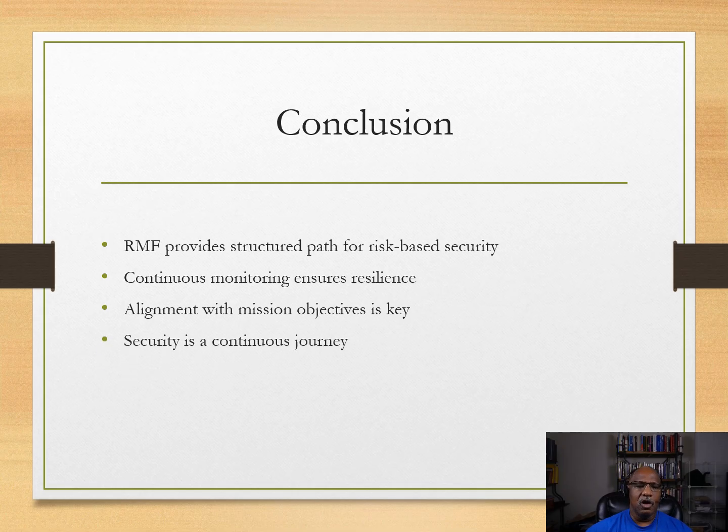There's also that security is a continuous journey, and that's why you hear the term continuous, because in order for you to maintain the proper level of security, you have to do this on a continuous basis. So it's not like it's just a snapshot in time and then you ignore it. It's something that you have to do on a continuous basis.